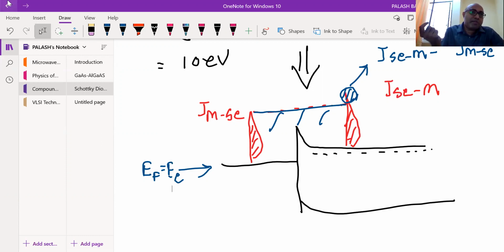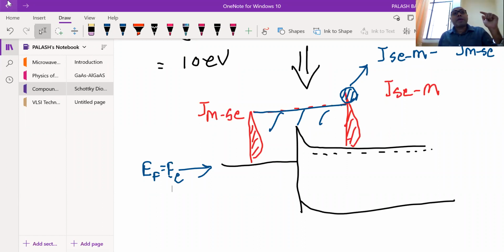Maximum you can go to 5, 6, 7 volts, not anyhow. So whenever you apply some voltage across the metal side, since the electron density in the metal is really high, this can easily be adjusted.